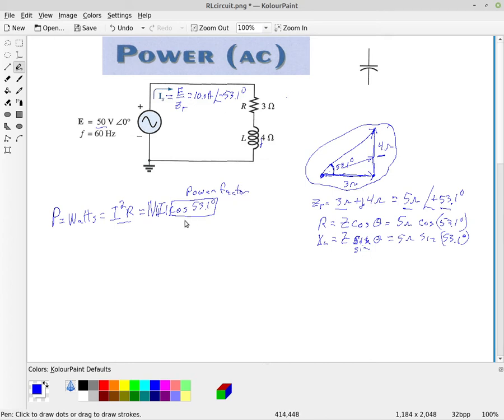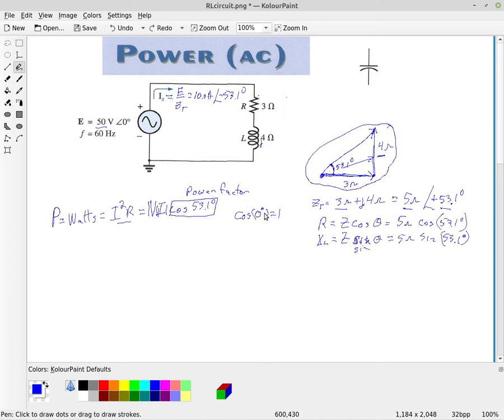And if you had the cosine of 0 degrees, that is equal to 1. And so if that was the case, then that means that the circuit has an effective value of nothing but resistance.